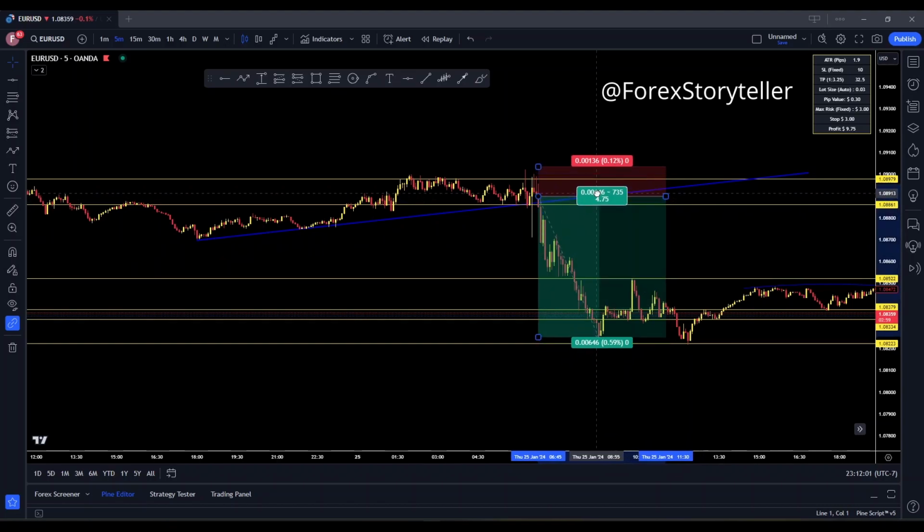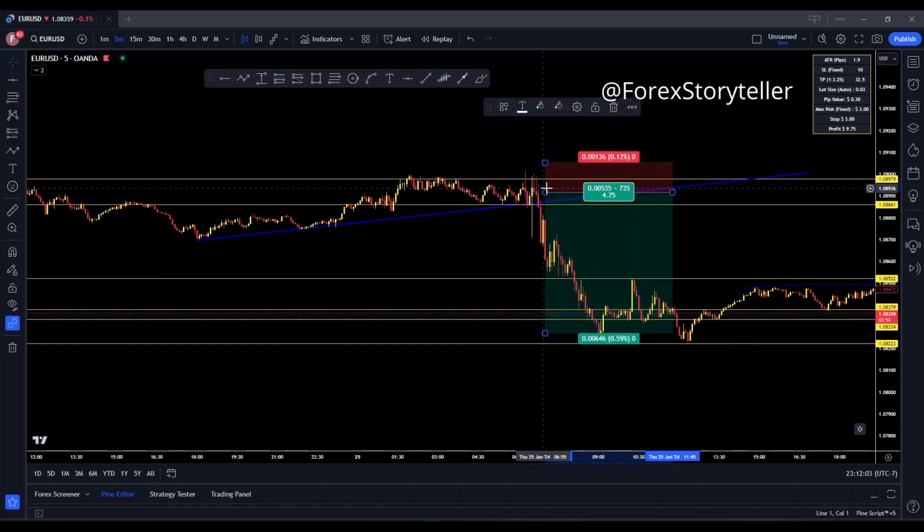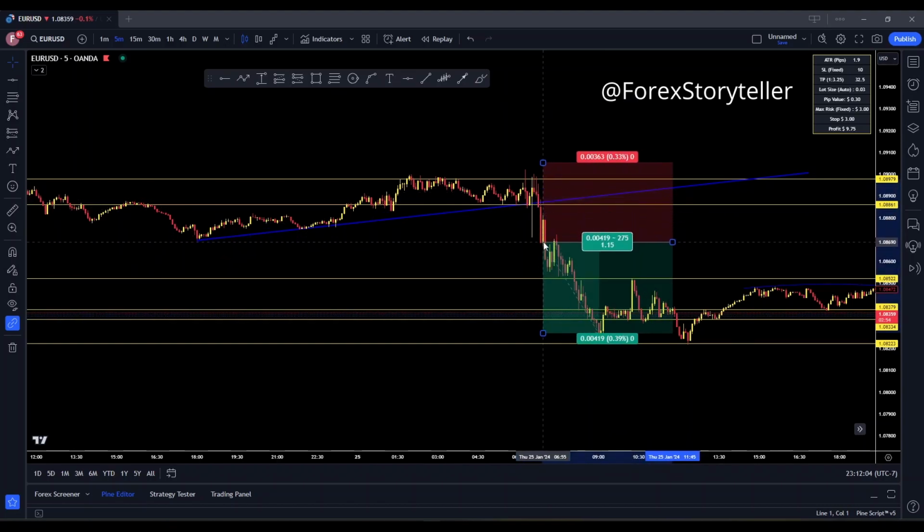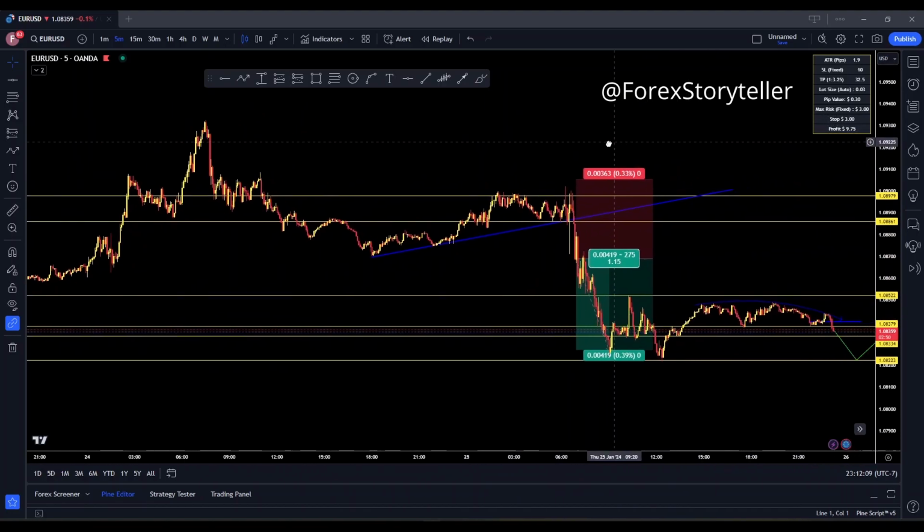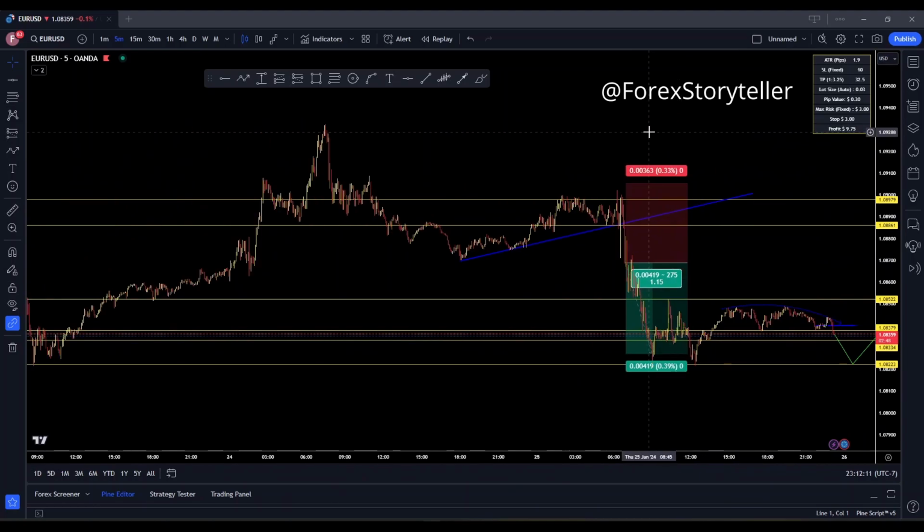Because once you start getting into that area there, now your reward ratio suffers greatly. So that's one of the advantages to being discretionary.